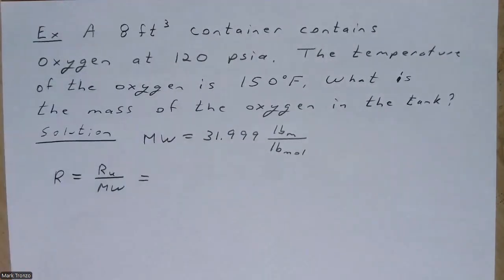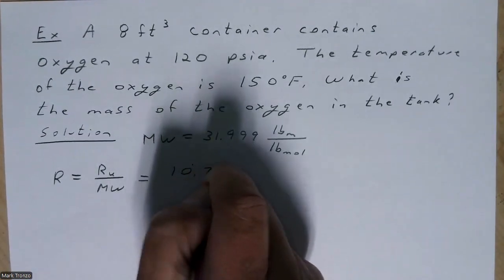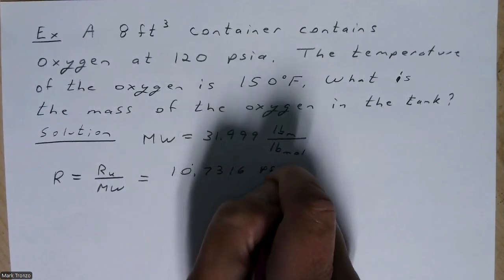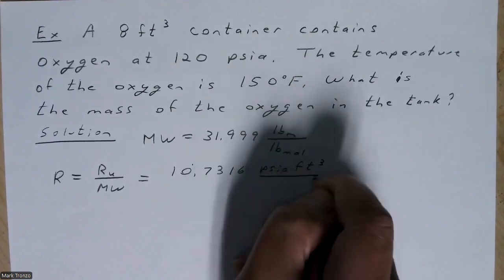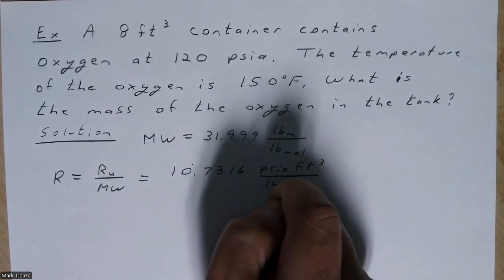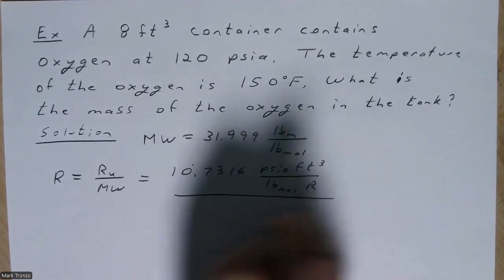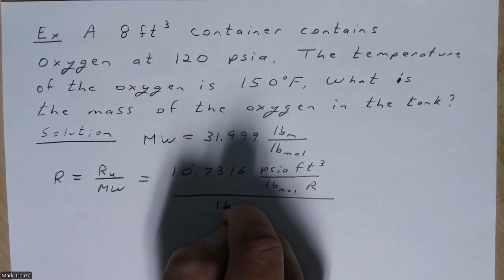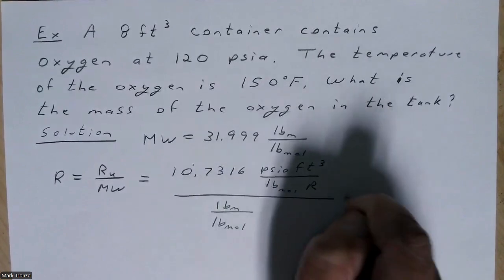Earlier we said that in English units this is going to be 10.7316 psi foot cubed per pound mole R, divided by pound mass per pound mole.